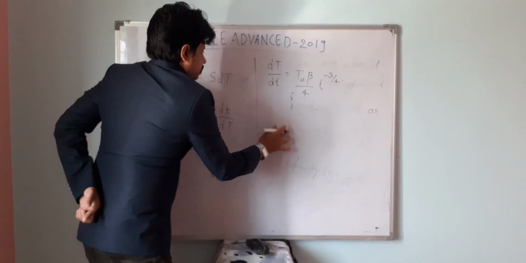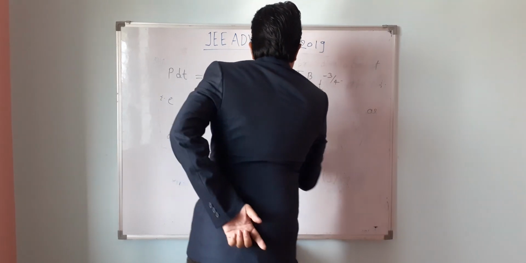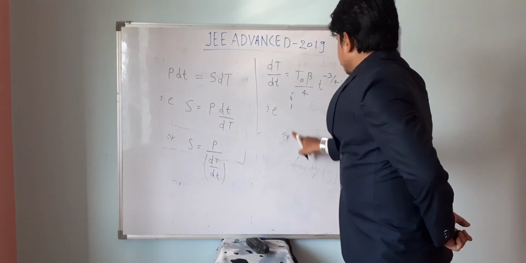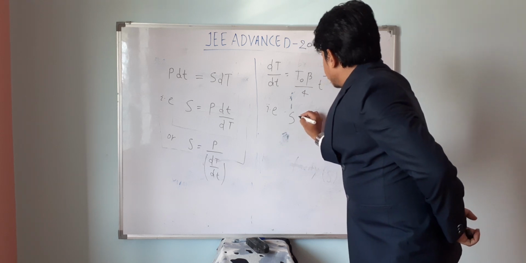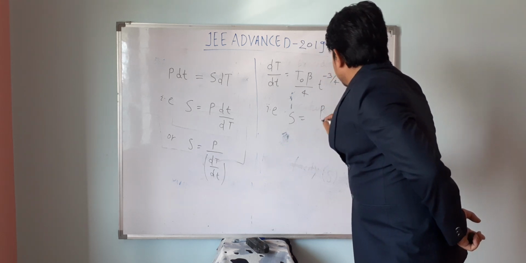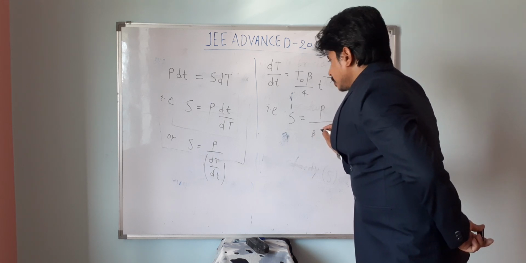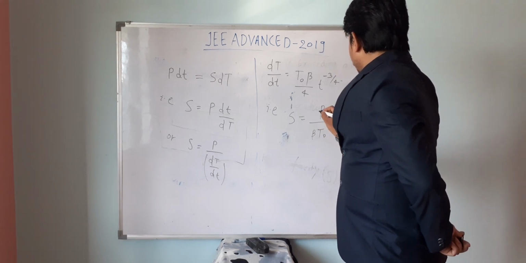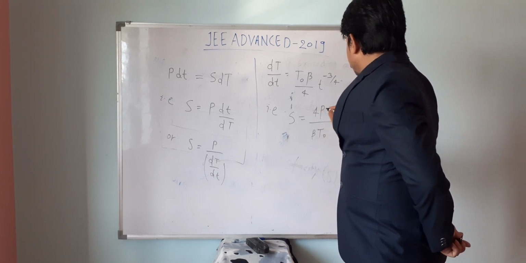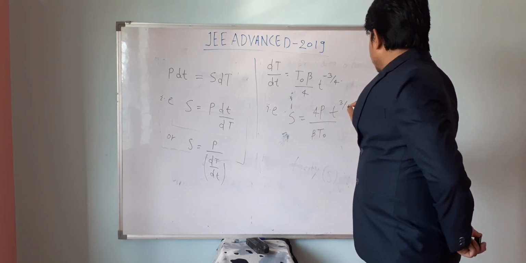That is, S is equal to P upon beta T naught by 4 and t to the power 3 by 4.